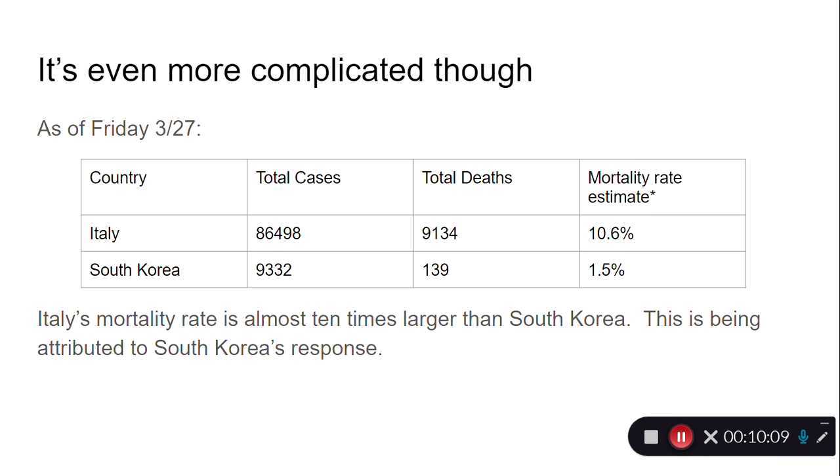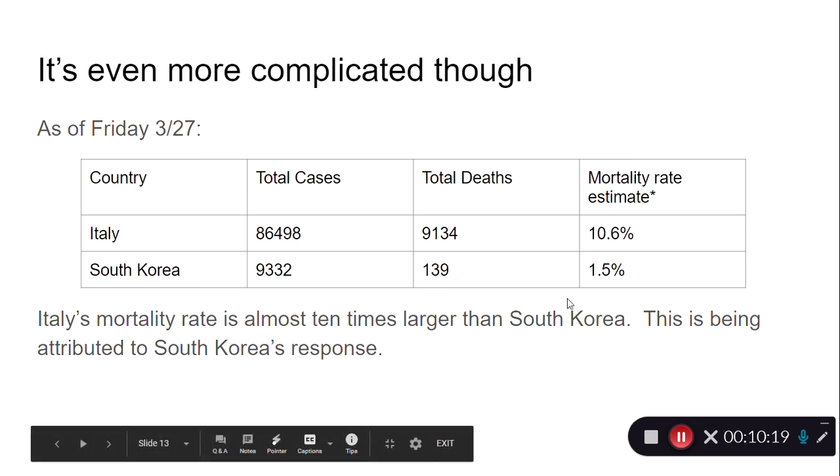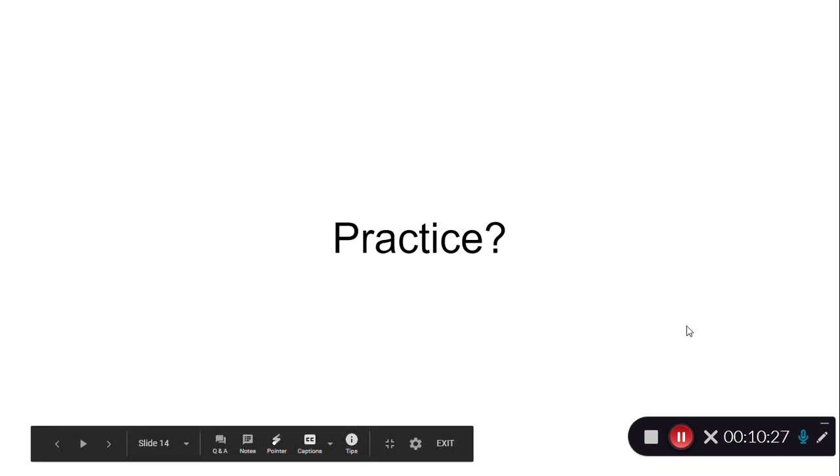So, what is the mortality rate of this novel coronavirus? We don't know. It's all over the place, depending on what the countries are doing. It's fairly sobering. It depends on what we do as a group of people. Okay, practice time.